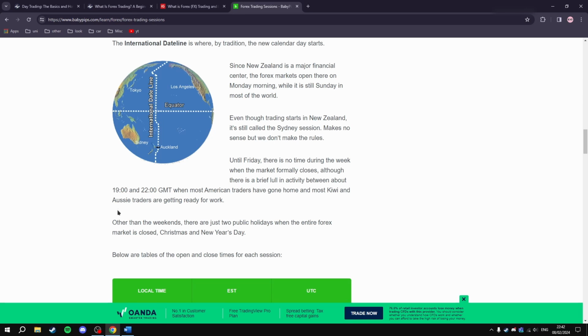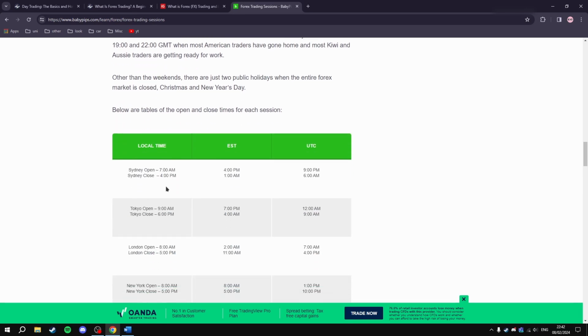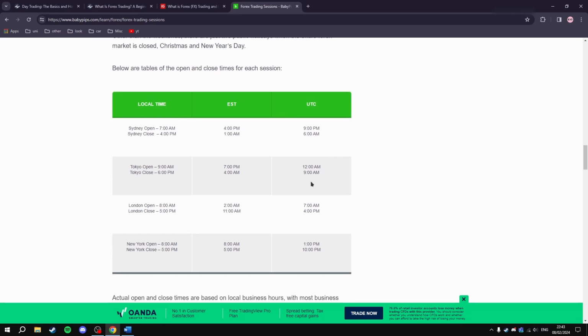Below are the tables of the open and close times for each session. Local time: Sydney open 7 AM, Sydney close 4 PM.